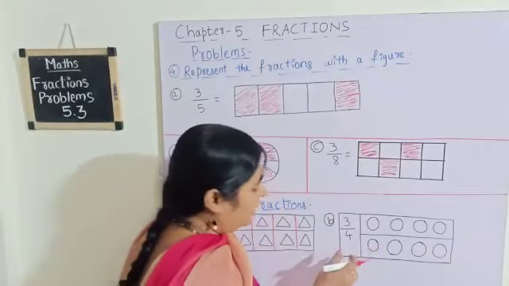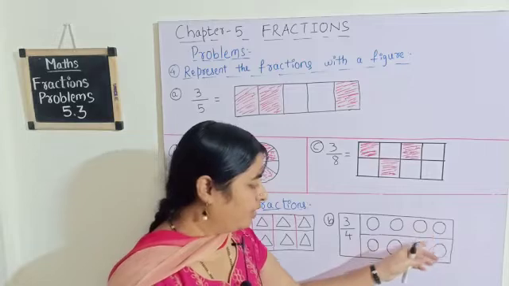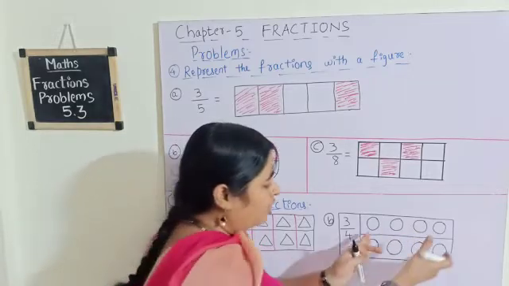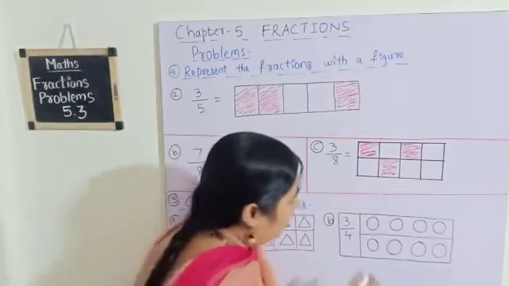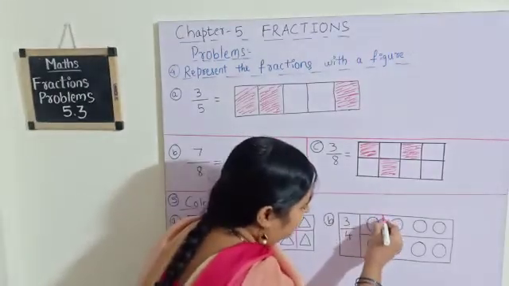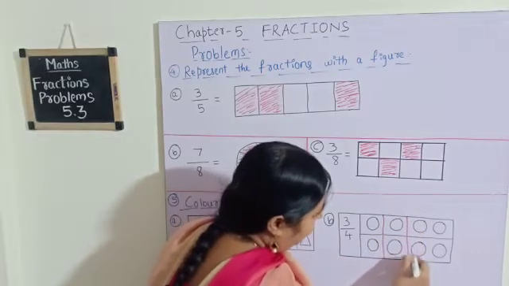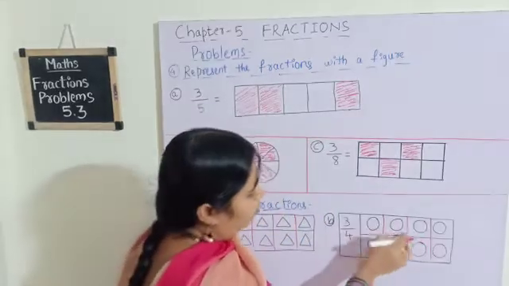Since a fraction is also a part of a collection, we can solve examples like this with the help of that rule. See, here 3 by 4 they have given, and here they have given 8 circles. So here what do we have to do? A collection of 8 circles, we have to divide it into 4 parts. So I will divide these 8 circles into 4 parts. This is first part, second part, third part, and fourth part. 1, 2, 3, 4.